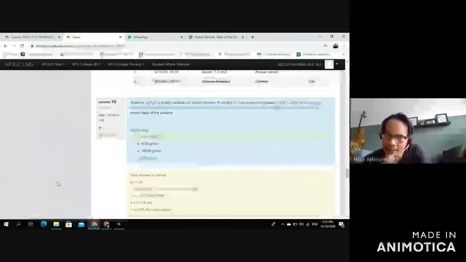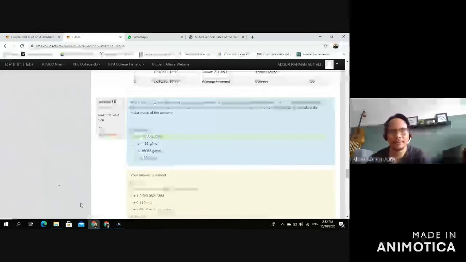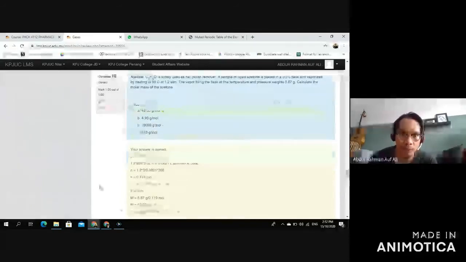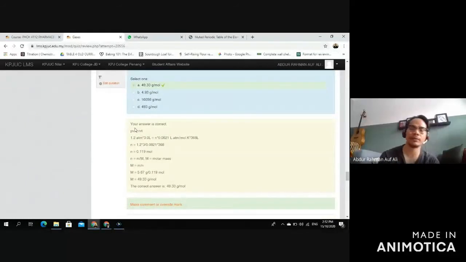So how do we calculate the molar mass of the acetone? Here you can use PV equals nRT. Why do I say use PV equals nRT? Because in this formula there is the number of moles.